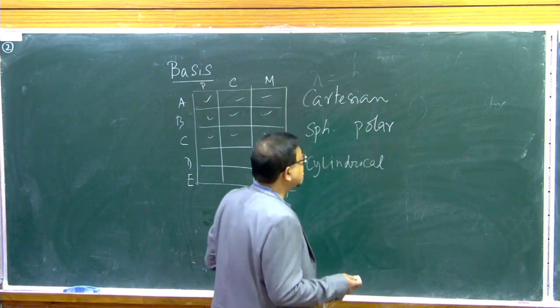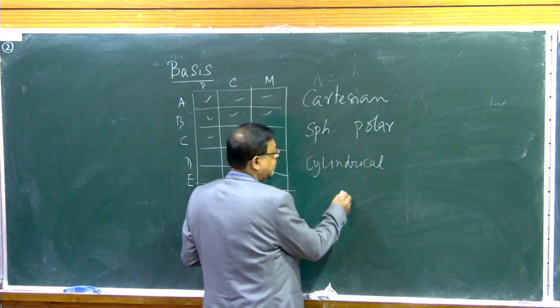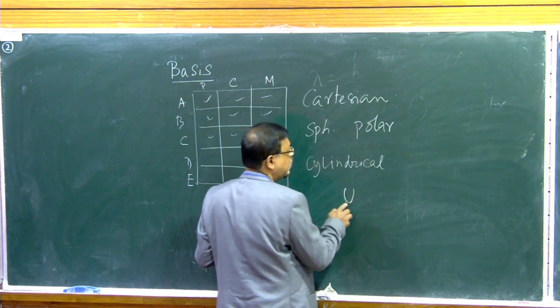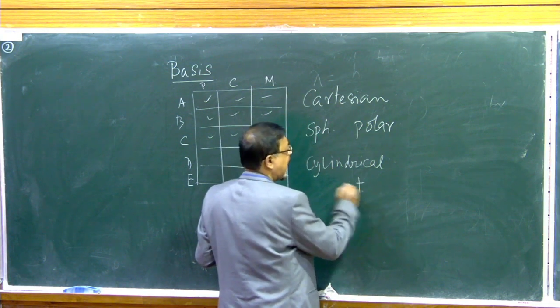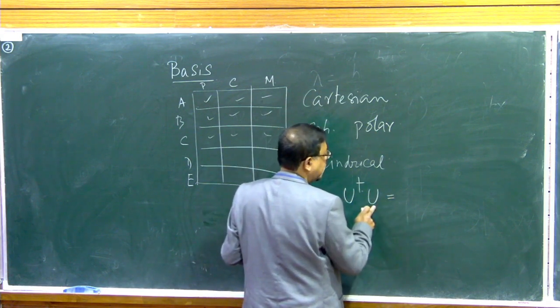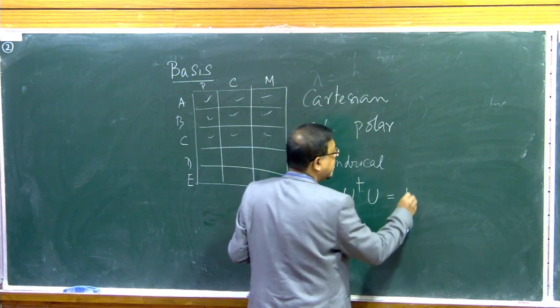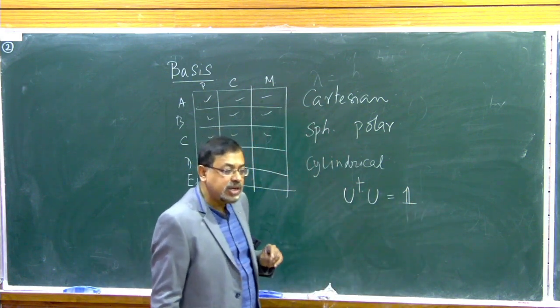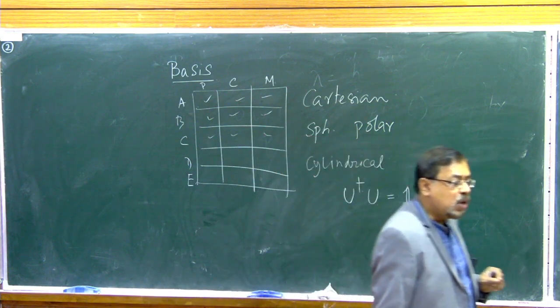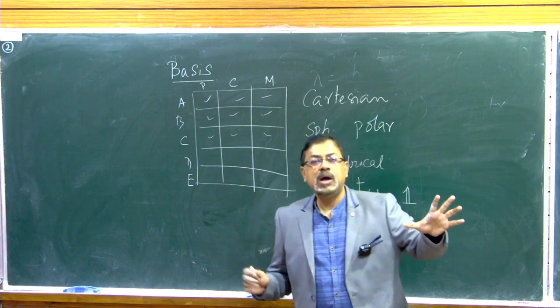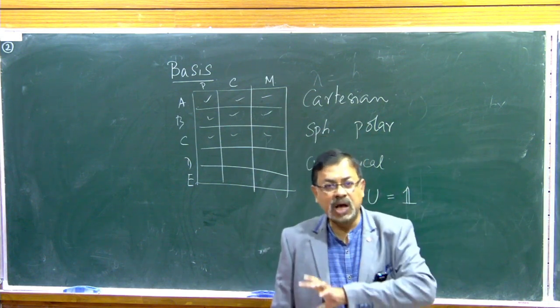What it means is that if I define a unitary operator, which we write as U, and you take a dagger of that, I'll tell you what dagger means, and you multiply with the original U, then it gives you 1, and this U is actually a matrix which gives you a transformation from one coordinate system to another coordinate system.